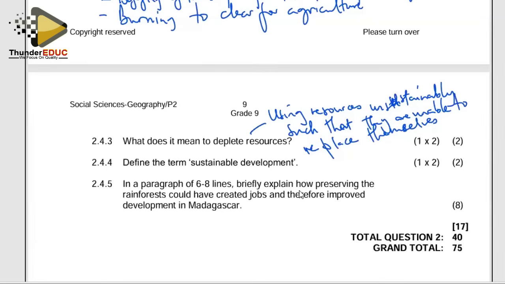Define the term sustainable development. I think we've talked about that in earlier discussions. We said we talk of sustainability, we are worried about the future generations, we are worried about people to come after us.